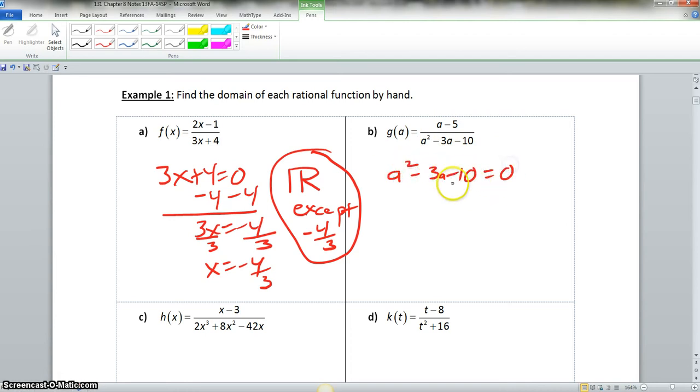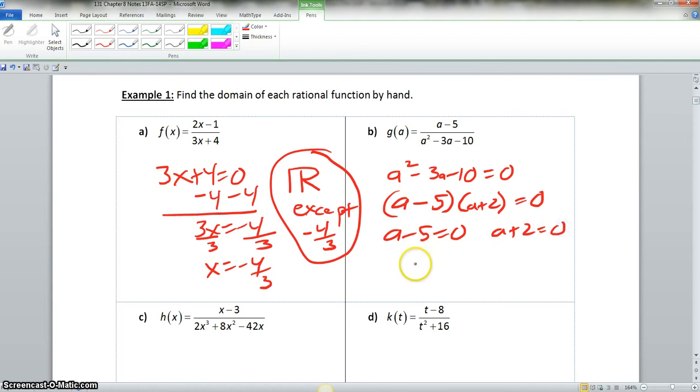equal to 0. Now we know, because we've covered factoring before in Math 31 and also in previous sections of this class, that this factors out to a minus 5 and a plus 2. They equal 0. So we add a minus 5 equals 0, a plus 2 equals 0.